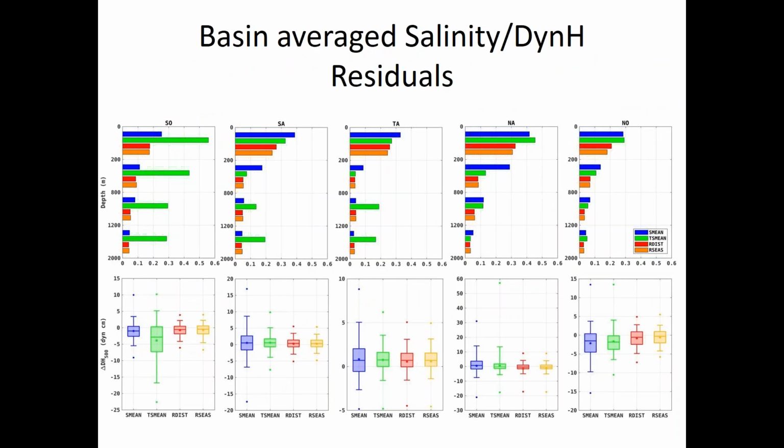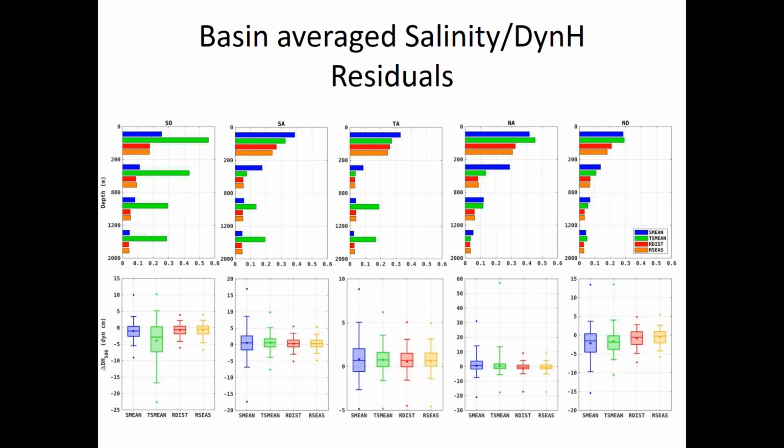And if you look now not at a single profile but at the basin average of these residuals for the 5 basins, this is salinity over depth, averaged over 4 different level ranges: 0 to 200 meters, 200 to 800, 800 to 1200 meters, and 2000 meters. By comparing the methods, we get exactly the same response as for the single profile.